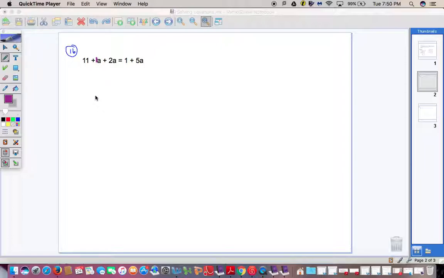You can write that 1 if you need to, or you can just know that there's a 1 and treat it as a 1. So we have 11 + 1a + 2a. If I want to combine the like terms or simplify each side of my equation, I can combine 1a plus 2a, and I would get 3a. So I have 11 + 3a = 1 + 5a.